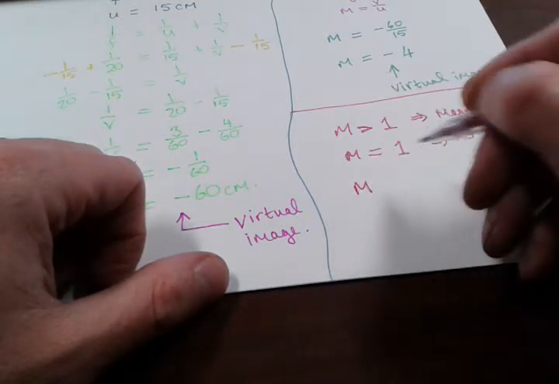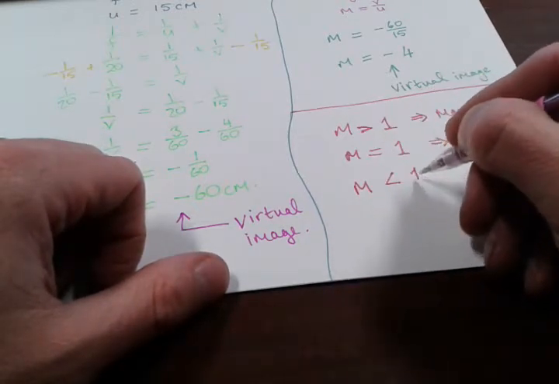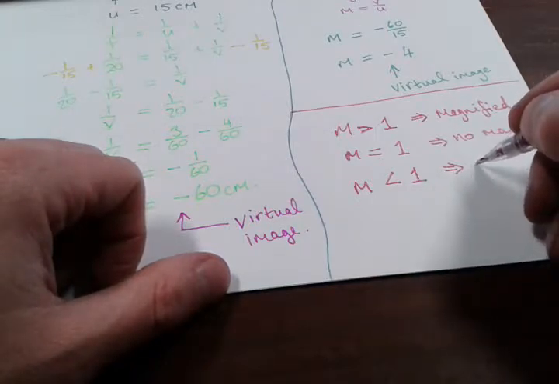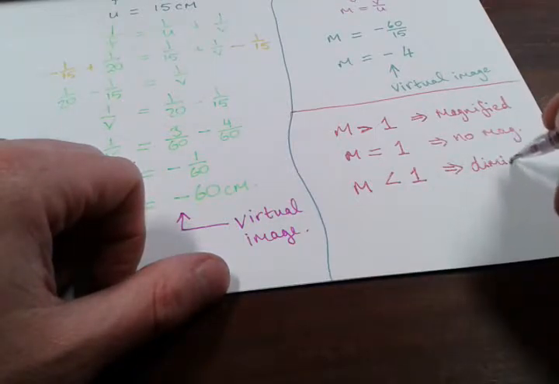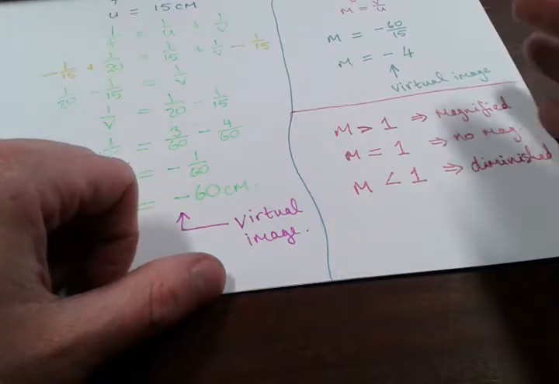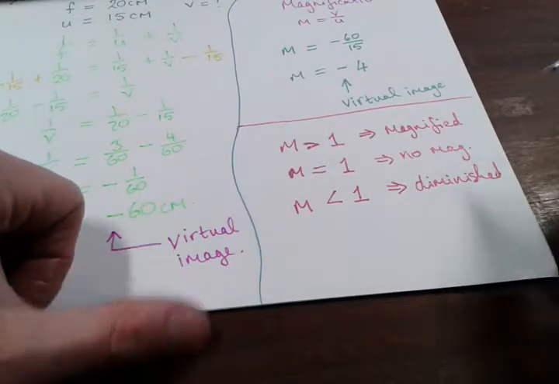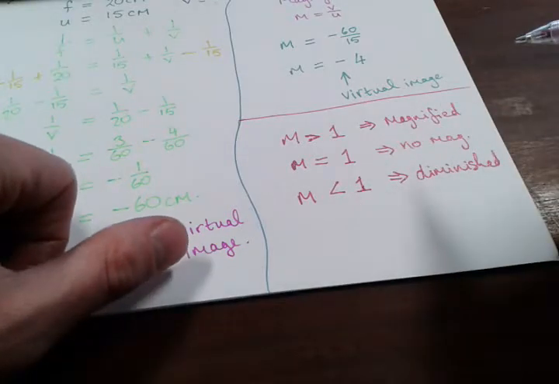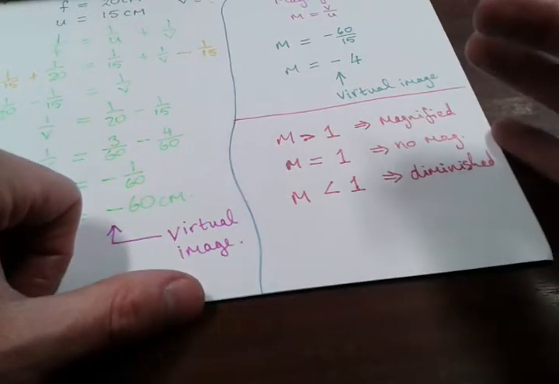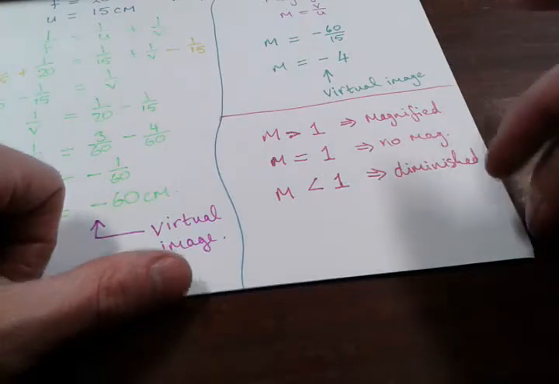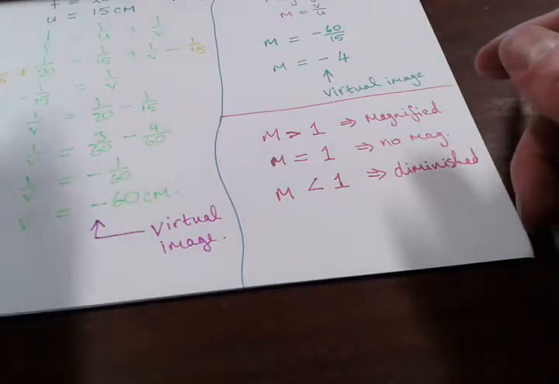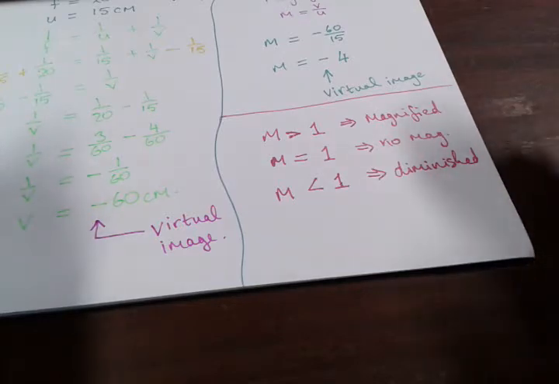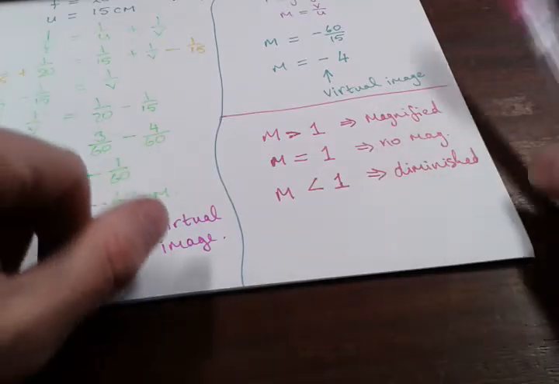And if your magnification is less than 1, then it means that you have a diminished image. So we could imagine a magnification of 0.25, so a quarter. That would mean that if the object is 4 centimeters high, the image would only be 1 centimeter high. It would only be a quarter as tall. And that's it.